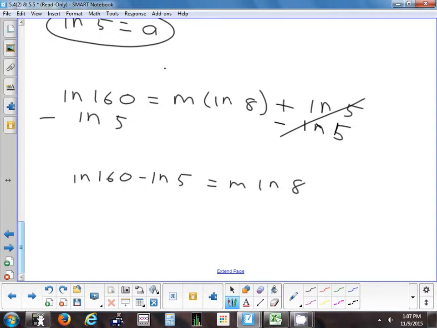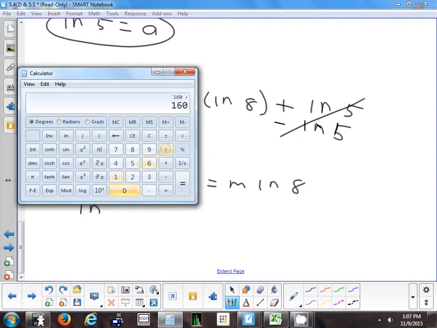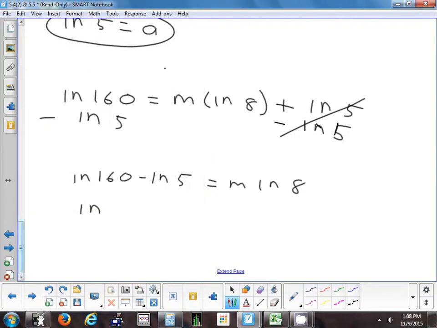Okay, if you subtract 2 ln's, what does that mean this would be if you recombine it? Division. Yeah, we must have had division, 160 divided by 5 originally. Okay, so that's ln of 32.